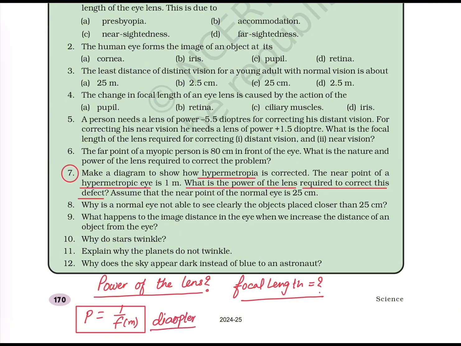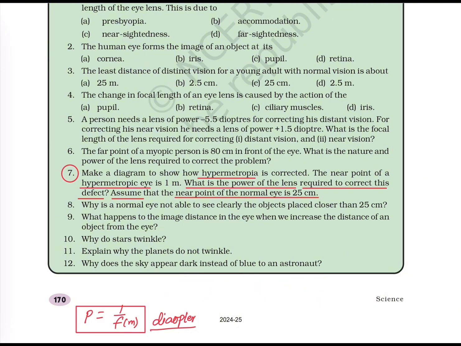So this is what we have to do. It is also mentioned over here that we have to assume the near point of a normal eye is 25 centimeter. So we have all the necessary numeric values required for solving this question. Now let us erase these things so that we have space to solve our question.